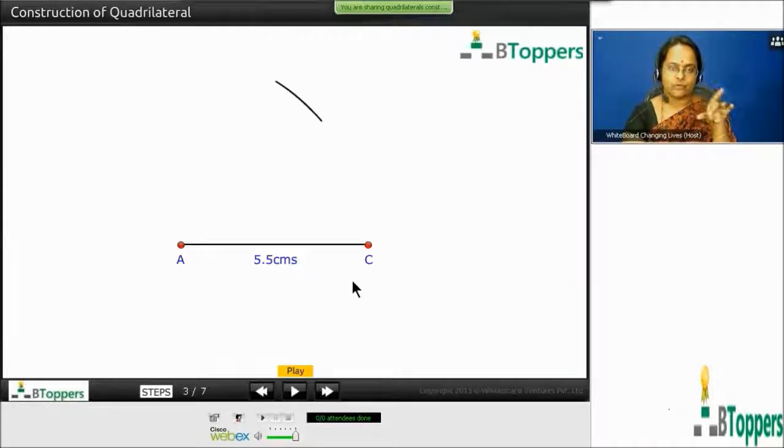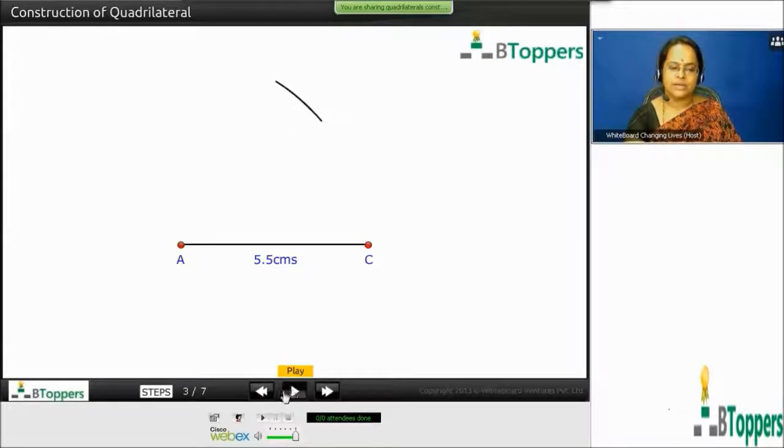Arc is a part of a circle, and in this case, we are drawing a part of the circle. We are drawing an arc over here. So the measurement you are taking is not called the length, but it is called the radius. So with A as the center and radius equal to 5.5 centimeters, we are drawing an arc above AC, right?